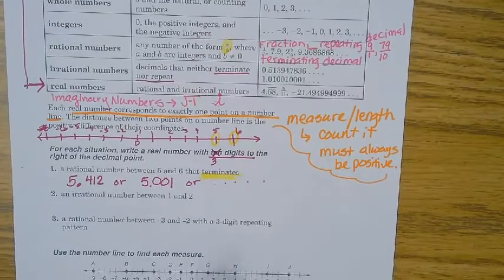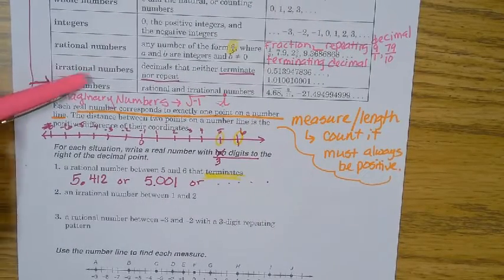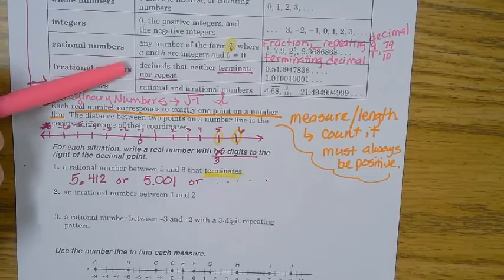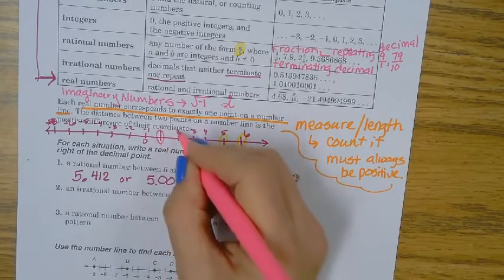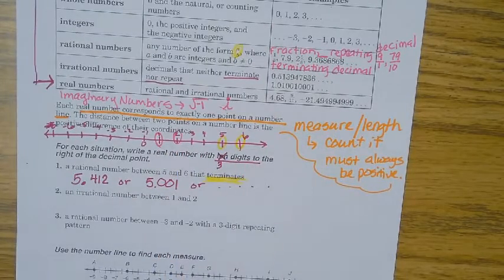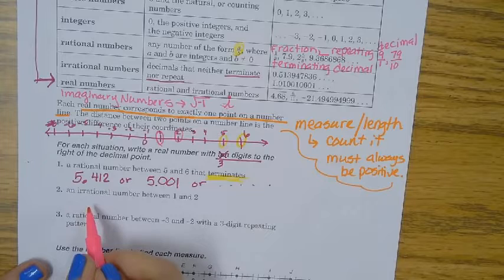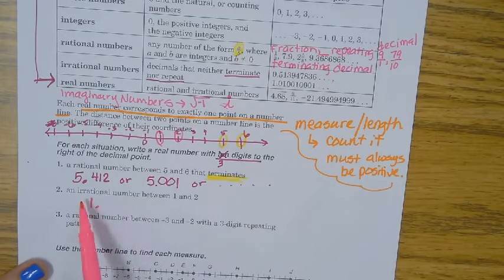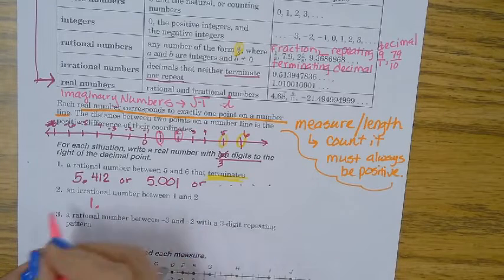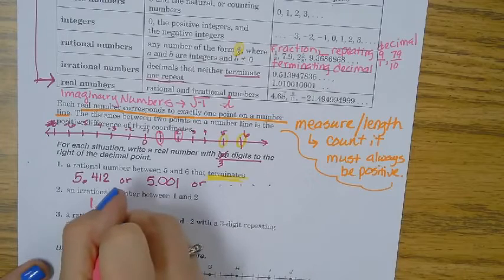Then number 2 says an irrational number. Okay, irrational means it's going to be a decimal that does not terminate or repeat between 1 and 2. So that means what's my first number going to be? A 1. Irrational between 1 and 2. Okay, so that means it can't have any sort of a pattern.